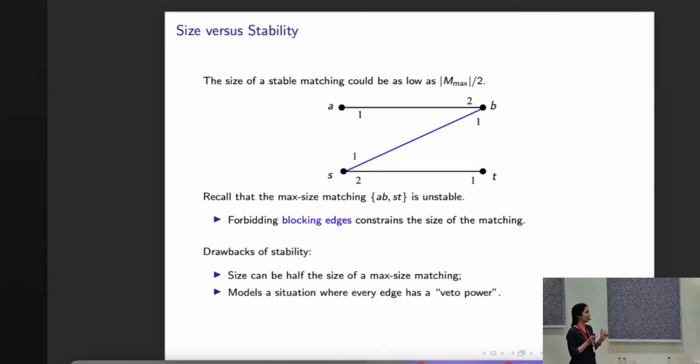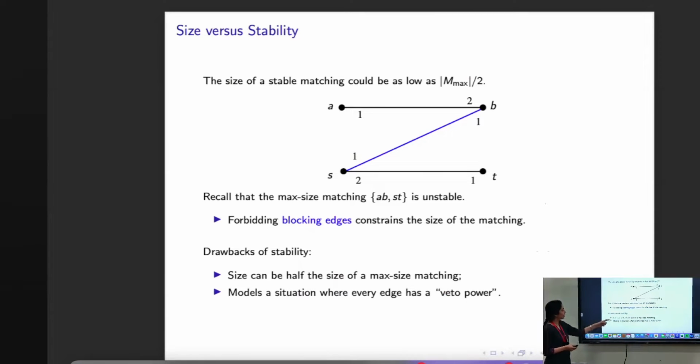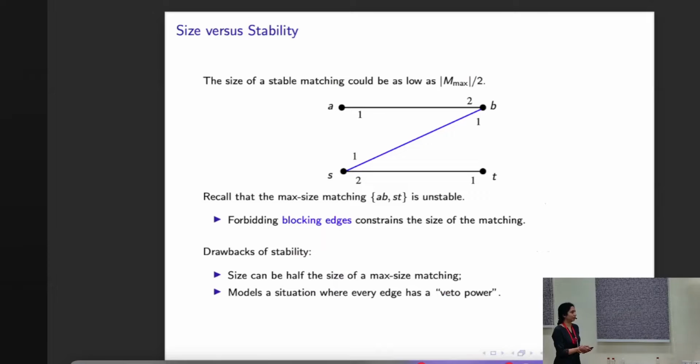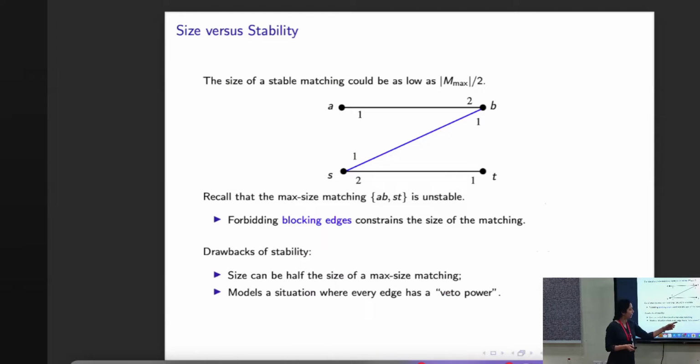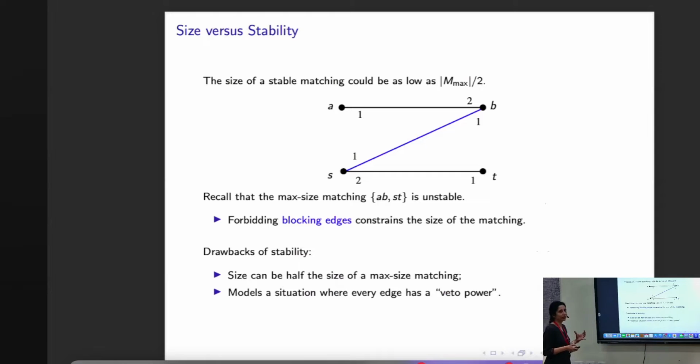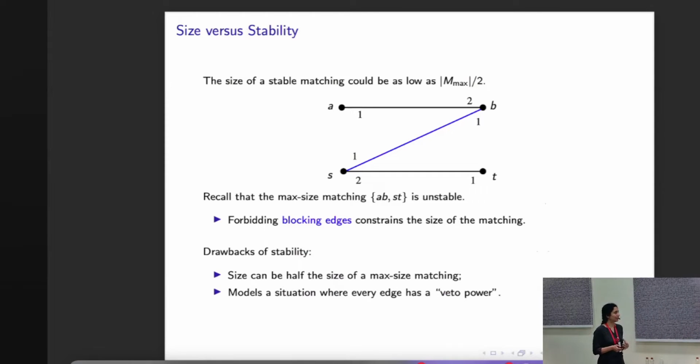So let's call these drawbacks of stability. We are compromising on the size by insisting that blocking edges are forbidden. And also we are empowering every edge with the power to block a matching. Maybe this is too strong a notion.